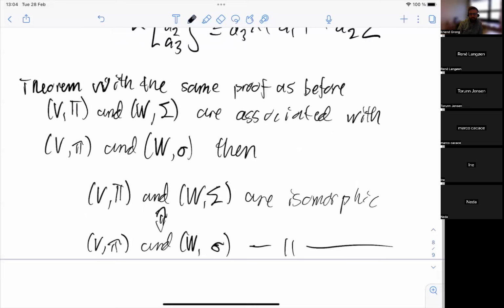Again, I need G connected for this. So as long as we're studying connected Lie groups, checking if two representations are the same on the group level is the same as checking it on the Lie algebra level.